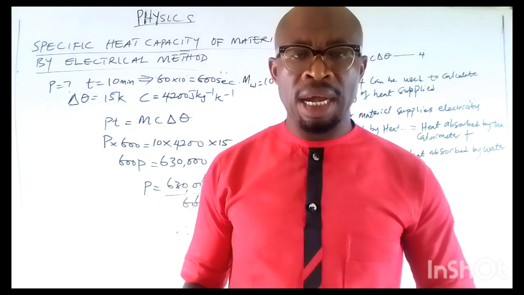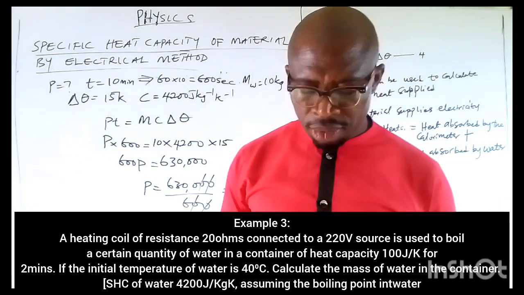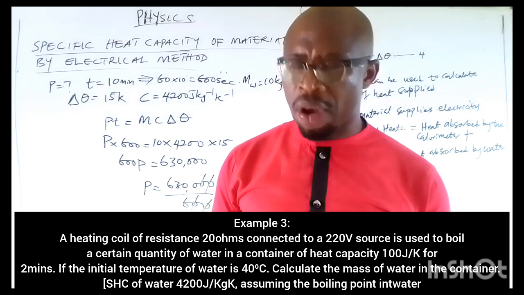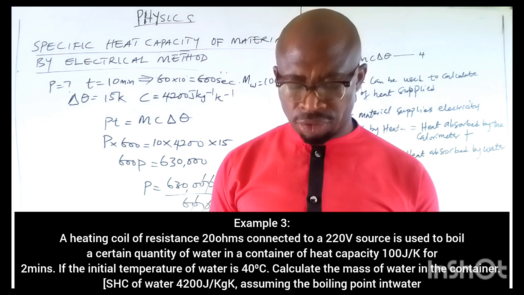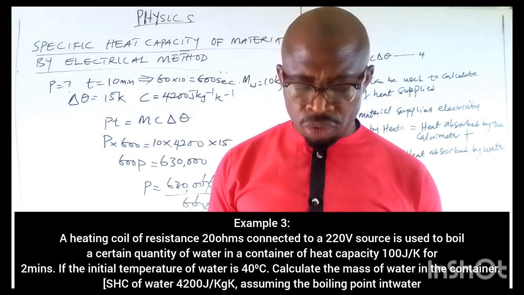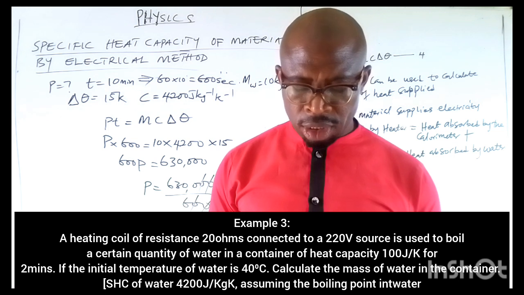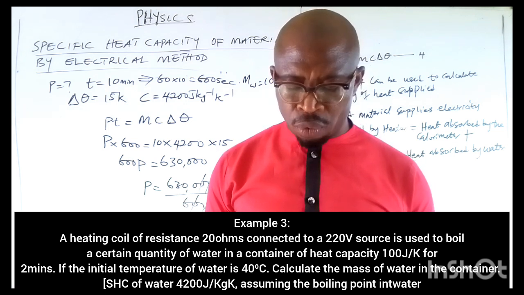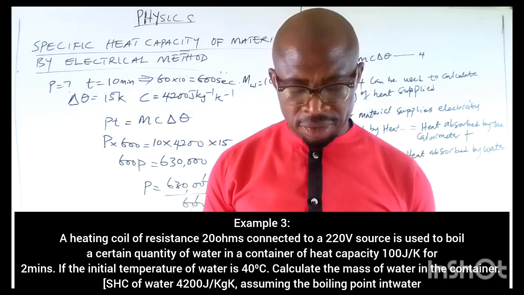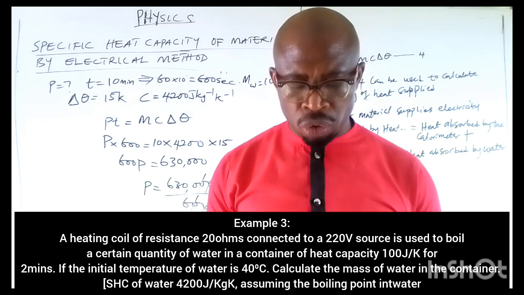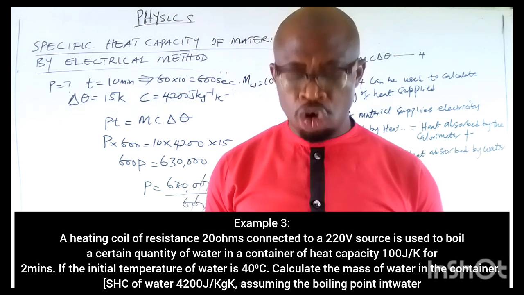Alright, so that is the second question. Now, let us take another one. This question says, a heating coil of resistance 20 ohms connected to a 220 volt source is used to boil a certain quantity of water in a container of heat capacity 100 joules per Kelvin for 2 minutes.